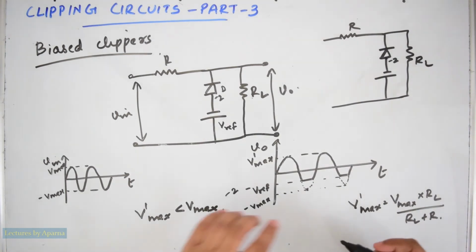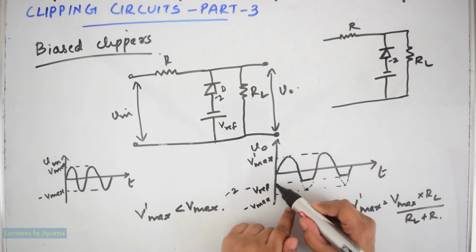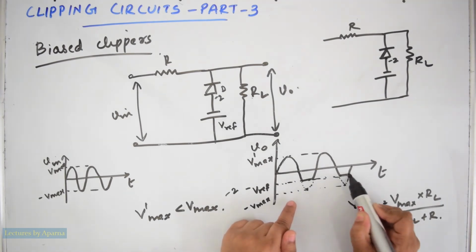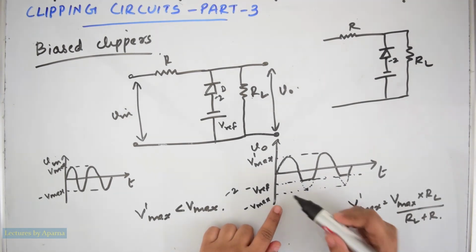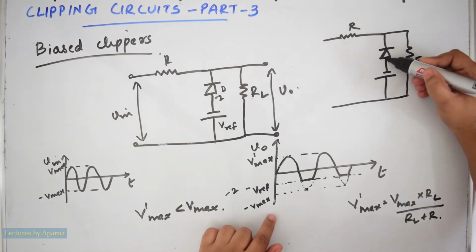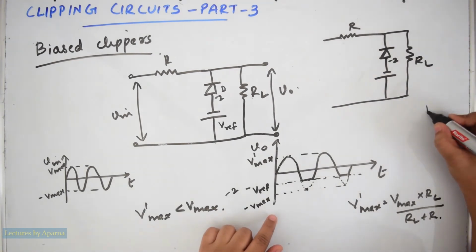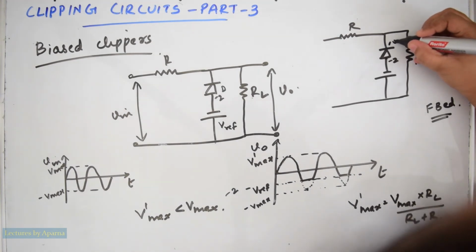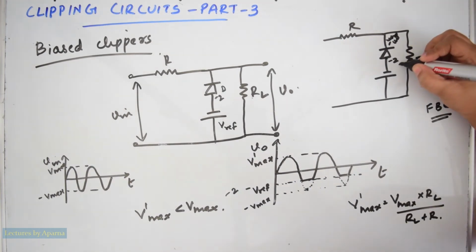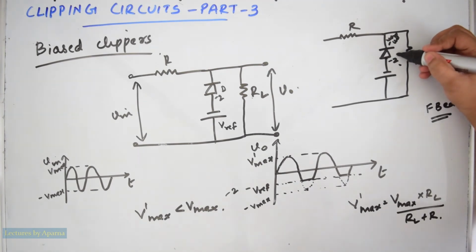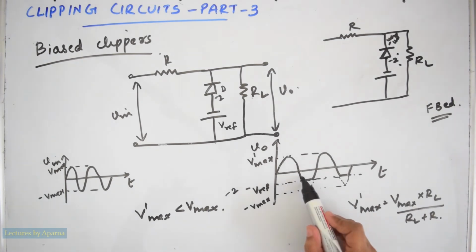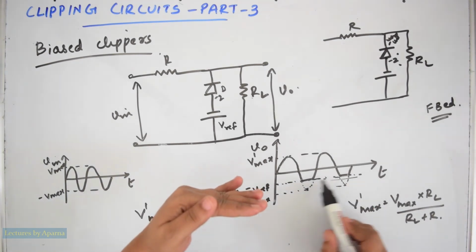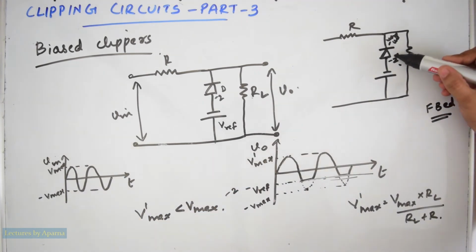During the negative half cycle, for voltages which are more negative than the anode, this diode should be forward biased, at voltages which are more negative than this minus 2 volt. Only in that case this diode will be forward biased. Till then it will be reverse biased. That is, till minus 2 volt this diode will be reverse biased.